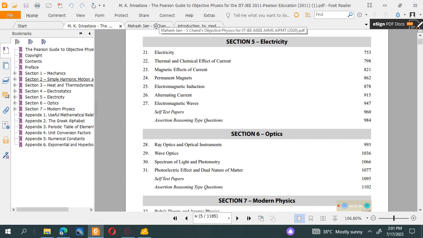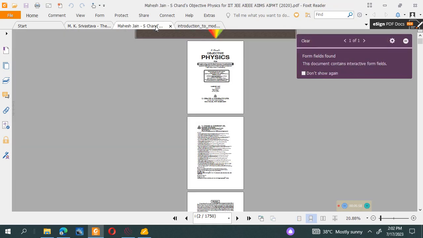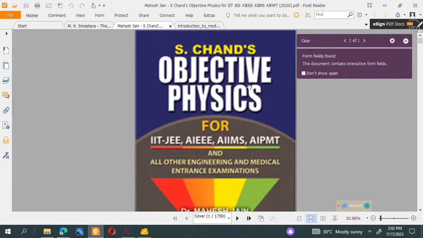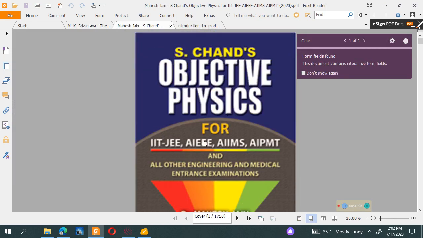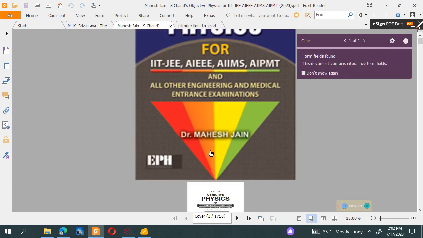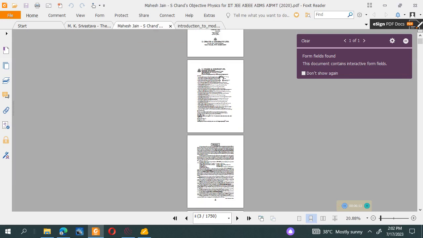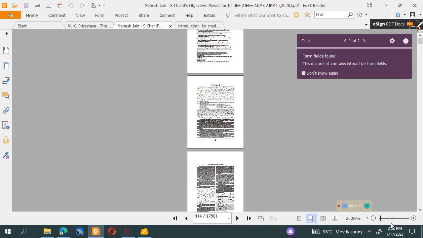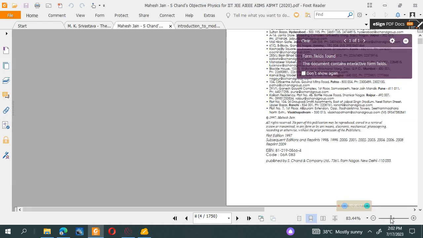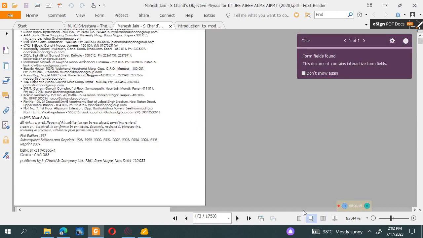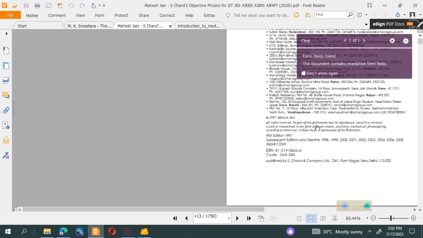Similarly, I have another book which is also very good to some level: S. Chand Objective Physics, written by Dr. Mahesh Jain. This is a very good book. If I maximize it, you can see its contents.